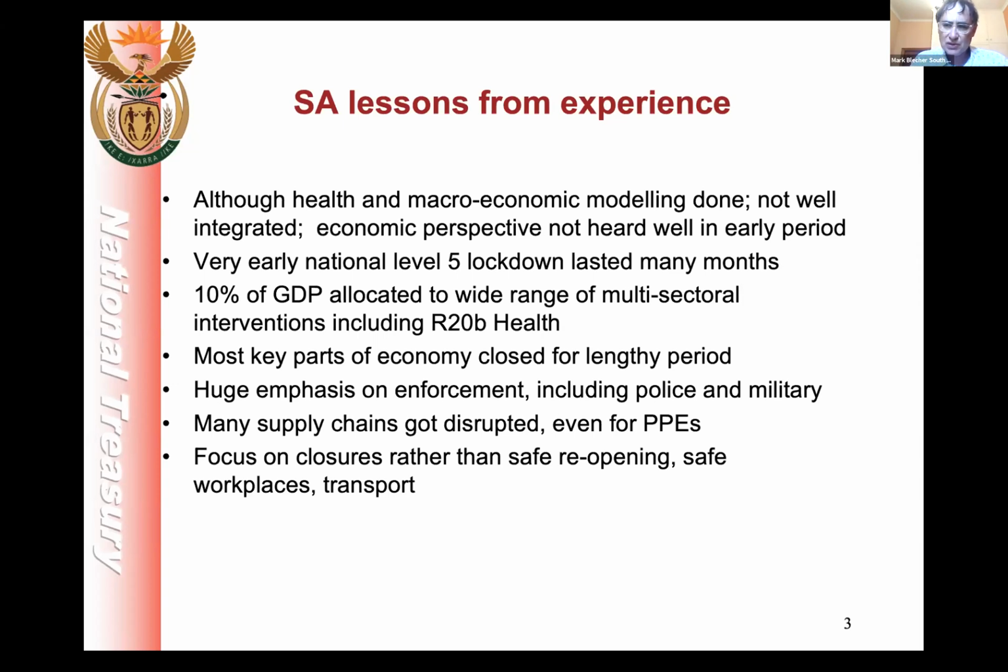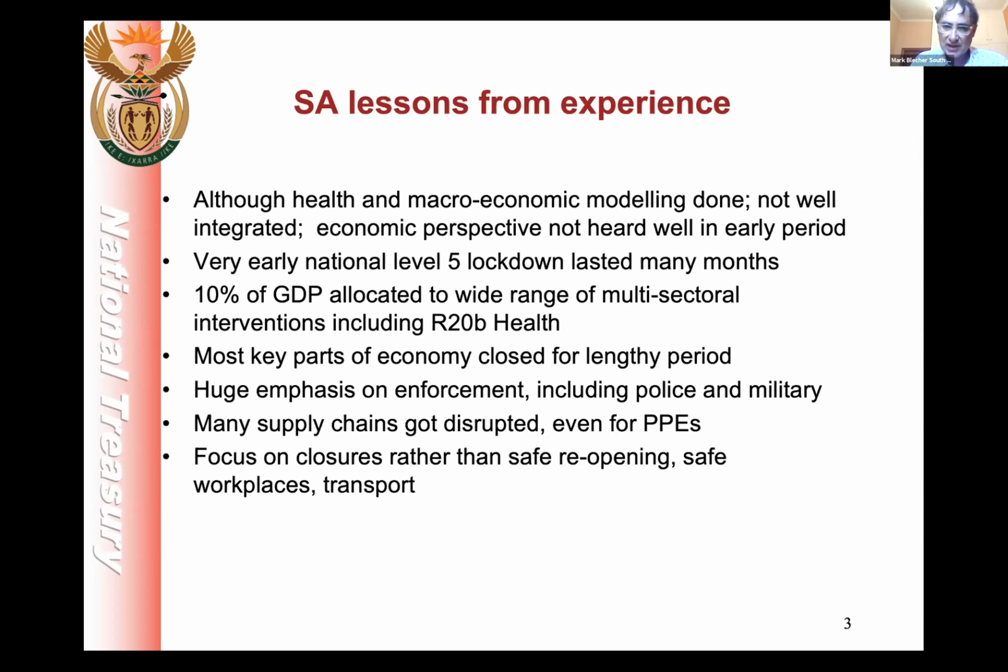And the president wanted a very substantial economic package of around 10% of GDP to a wide range of interventions, about 20 billion of that to health. But this very extensive lockdown led to most key parts of the economy being closed for a lengthy period. And there was a huge emphasis on trying to enforce this with the police out, the military out.